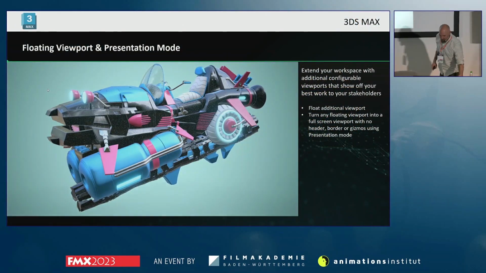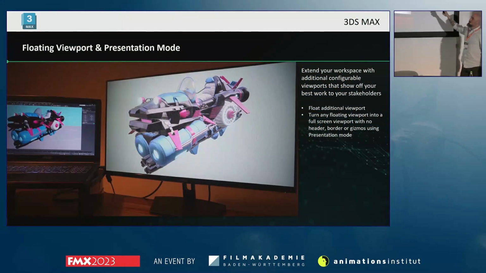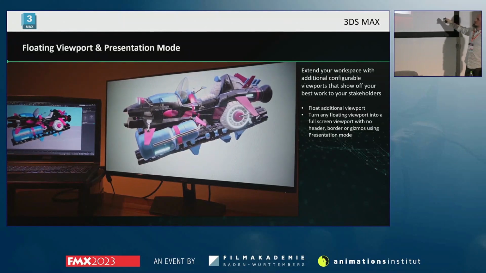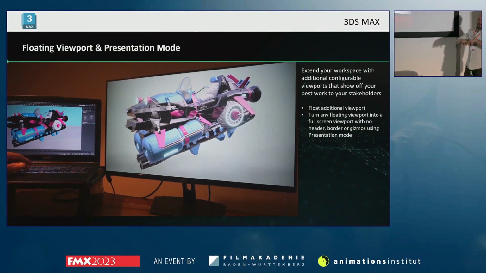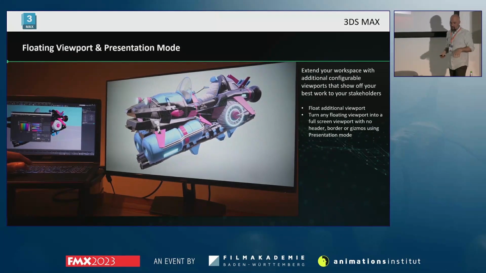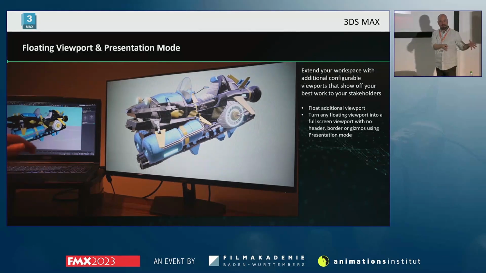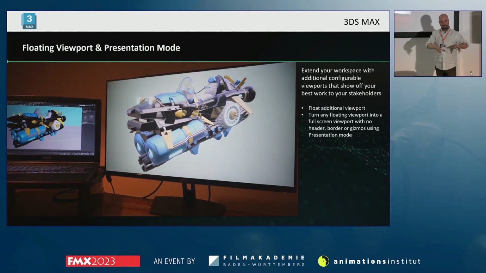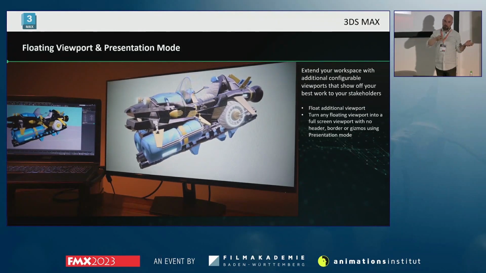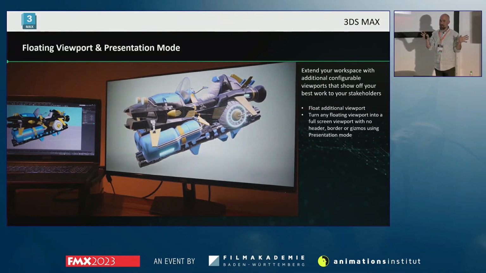All right, so some of those tools have been implemented in the last version of 3ds Max. Some have been just recently implemented, but this is a neat little implementation that we added. It's a presentation mode. It's basically a floating viewport that you can expand to your secondary or your primary monitor without the clutter of the user interface.